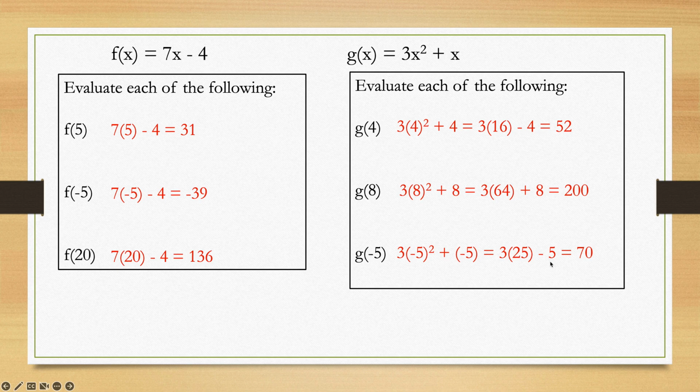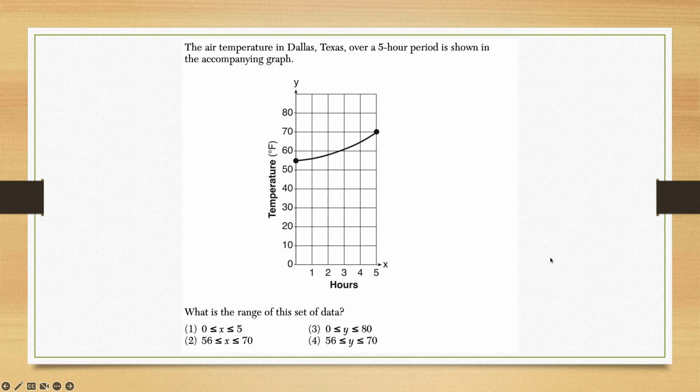All right, I promised you we were going to go over this one at some particular point in time, so here we go. Since you already did it on your homework, let me explain why the answer is choice 4. Because the range is the y values. This is the y-axis. The lowest y value is right here.